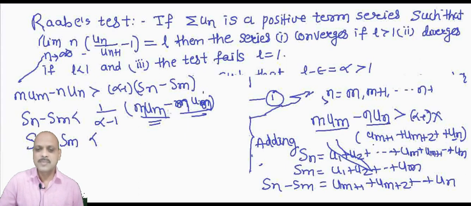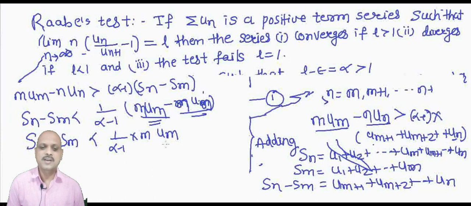So, when we subtract this term from this it is greater. So, obviously this S_n minus S_m is less than 1 divided by alpha minus 1 into m into u_m. Now, transfer this term S_m to this side.